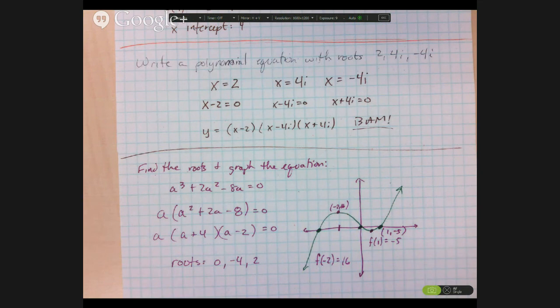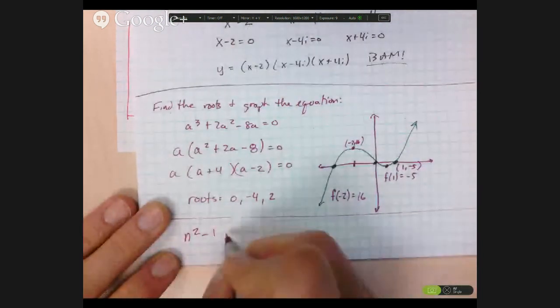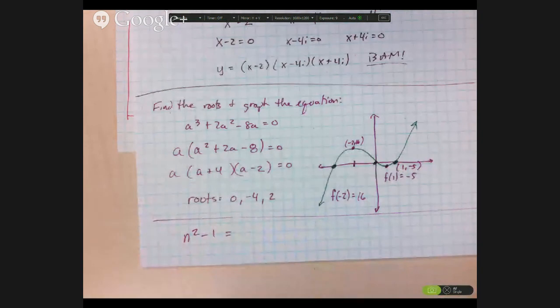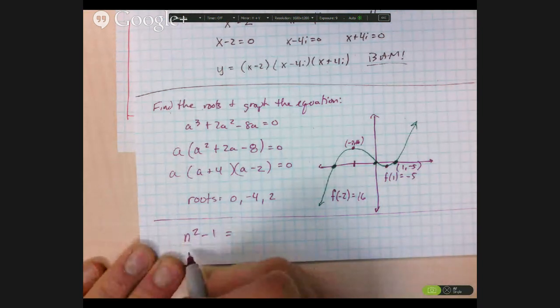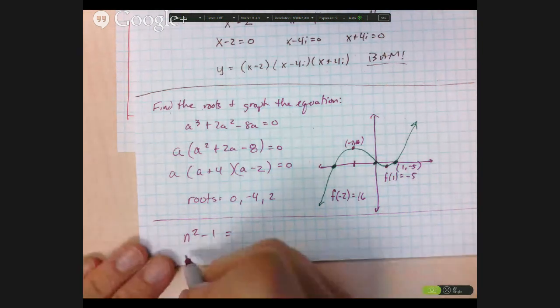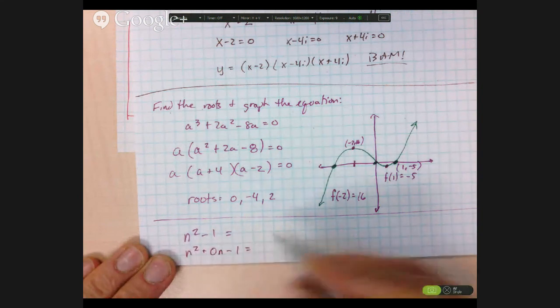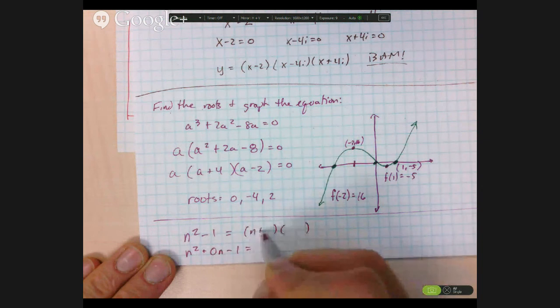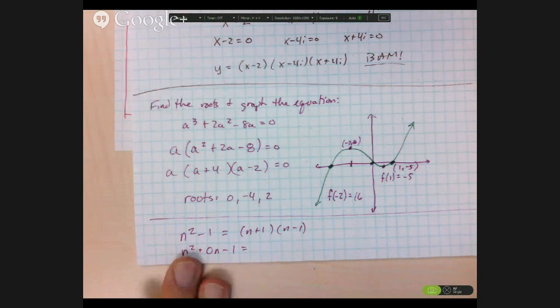Okay, I have one more I want to show you just for factoring purposes. Do you remember how to factor those ones the fast way? Yeah, there's a 0 in the middle if you want to do it the slow way. It's called the difference of squares.